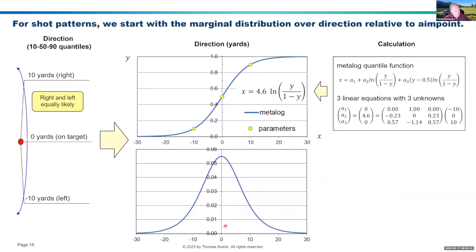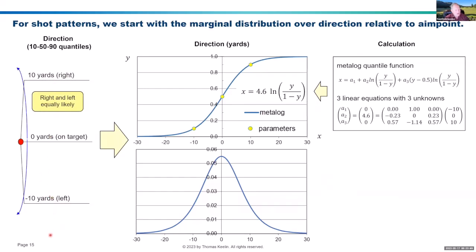Let's say that for a good golfer, and I think this is true for many good golfers, something in this range, if you're doing the best you can to hit a golf shot from 160 yards, maybe about 80% of your shots would end up within this range of 10 yards right of the target and 10 yards left.